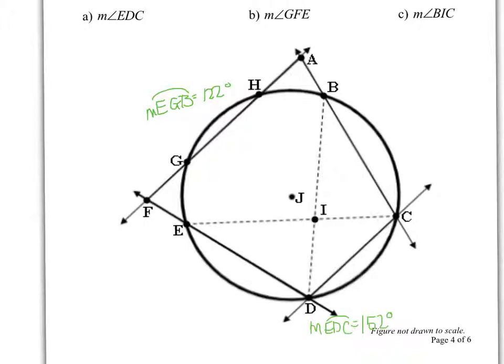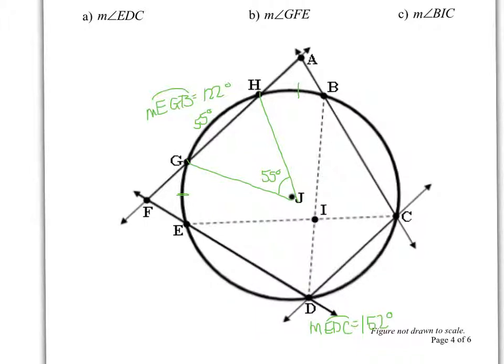And the measure of angle GJH, this measure right here, is 55 degrees. Well, looking at this, that's a central angle because J is our center. So the measure of GH is also going to be 55 degrees. And then the last given is that arc GE is congruent to arc HB.